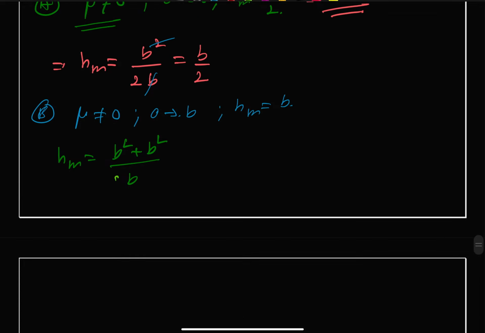This will be equal to our 2B square upon 2b, 2 and 2 goes away, and b square over b comes as b. So this is also true.